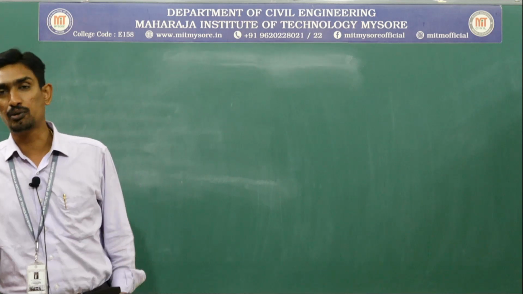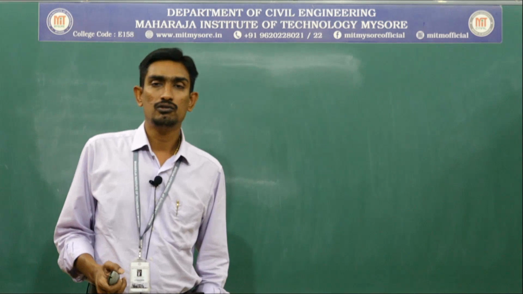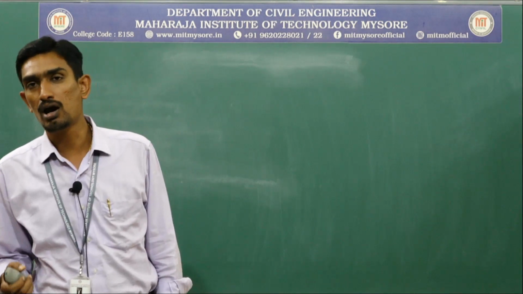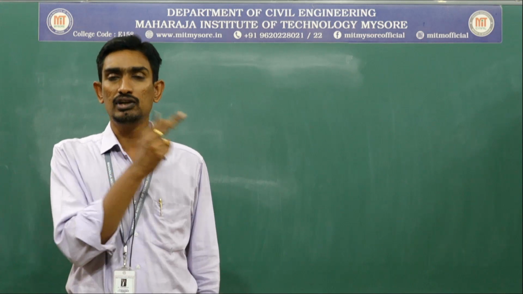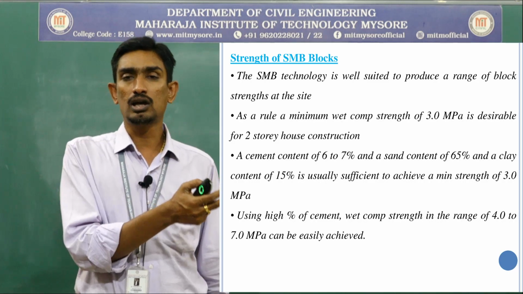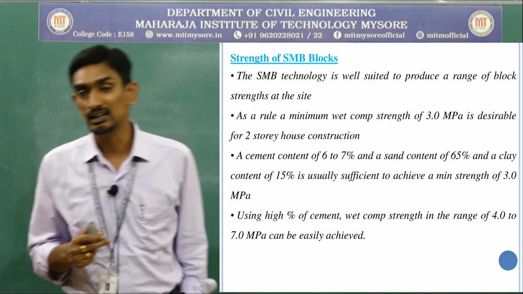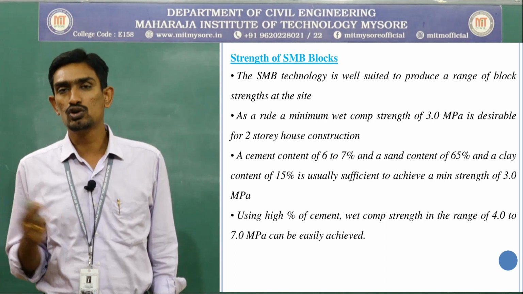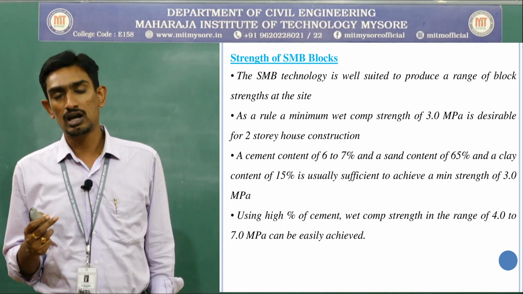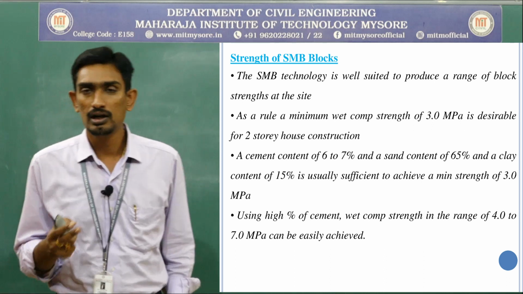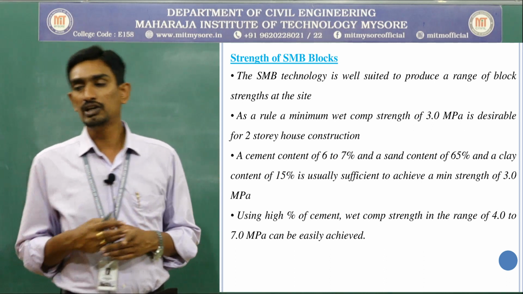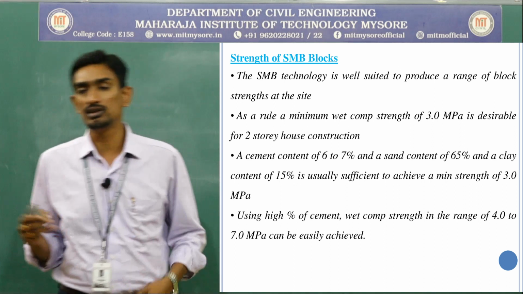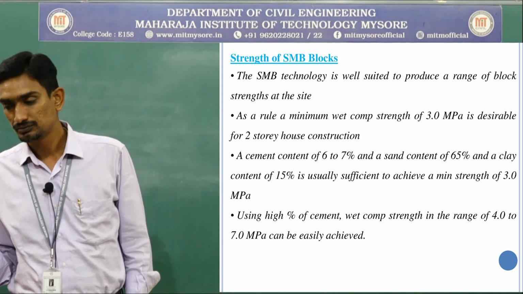No need to go for transportation, because burnt clay bricks or hollow clay blocks we need to burn in the furnace, and then we need to transport from that place to the particular site. It requires so much energy. But here, since it is a portable machine, we can take the machine and fix it in the site itself and go with the preparation of SMB.